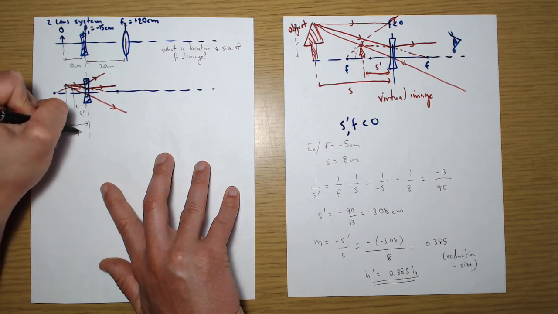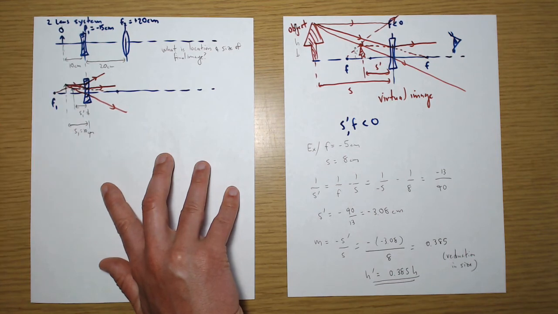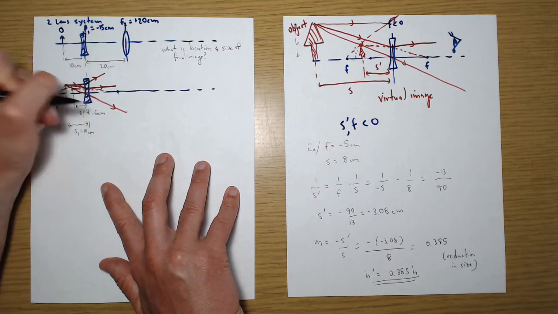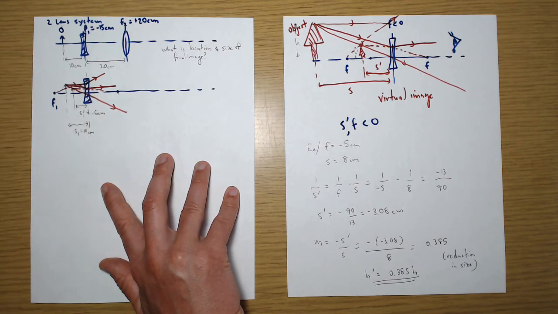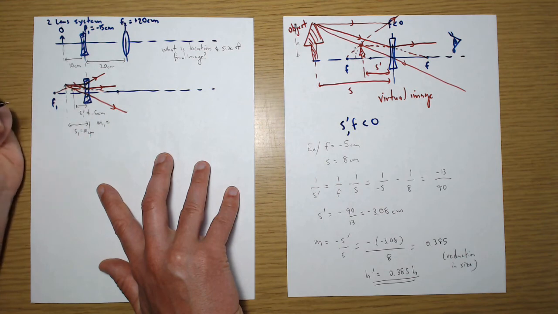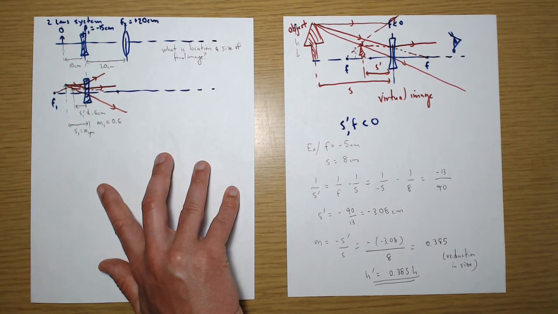We already know S1 is 10 centimeters, and it turns out if you apply the thin lens equation, S1 prime is -6 centimeters. And the magnification that you get, M1, is equal to 0.6. It works with the picture that we've drawn here. It's a magnification less than 1.